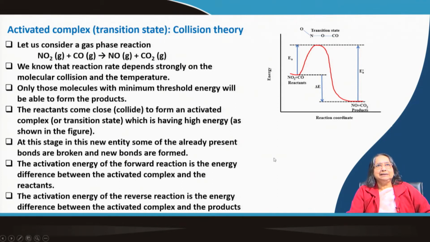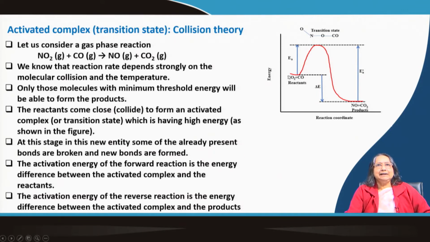Here you can see one reaction, a gas phase reaction: NO2 gas and carbon monoxide gas are giving NO plus CO2. Now, in the figure you can see this is the potential energy, and this is the reaction coordinate.